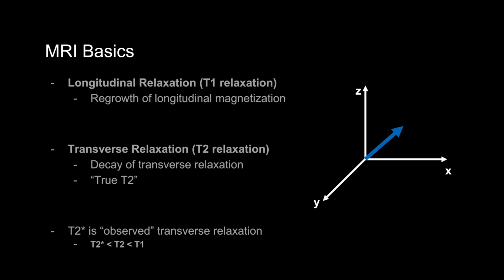I should mention that T2 refers to true T2 effects due to energy transfers with the tissue environment. Again, the mechanisms aren't important, but what is important is the concept of T2 star. T2 star refers to observed transverse relaxation, which includes the effects of magnetic field inhomogeneities. Remember earlier we mentioned that hydrogen nuclei precess at a particular frequency, the Larmor frequency, that is directly proportional to the magnetic field strength.